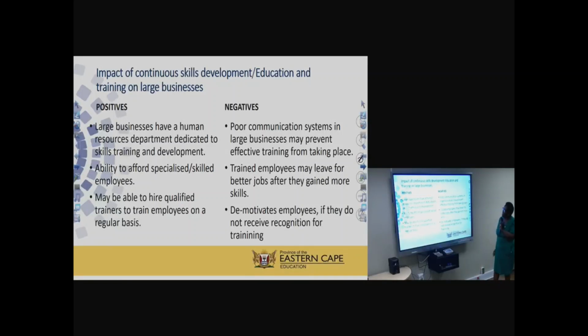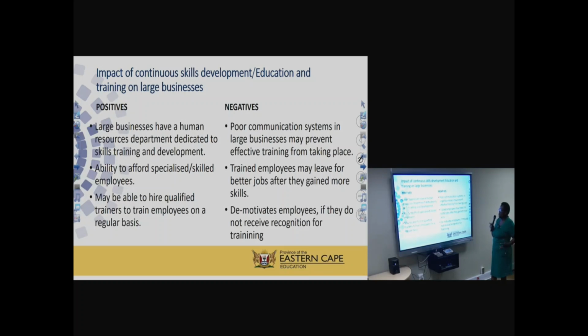Then coming to the second element, which is the impact of continuous skills development or education and training on large businesses. We have a positive impact there. The positive about this TQM element is that large businesses have a large human resource department.